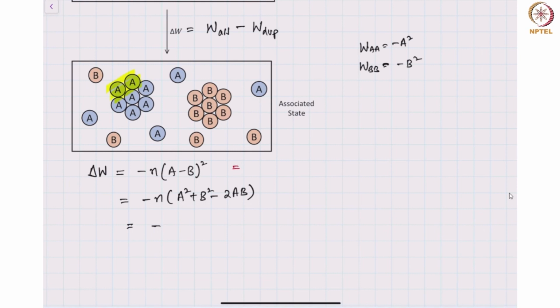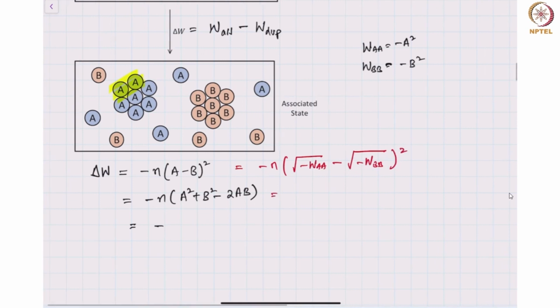If I were to write it in red, this can also be written as the square root of minus WAA times the square root of minus WBB, whole square, right? So this expression here can also be written as n times (WAA plus WBB minus 2 times WAB).